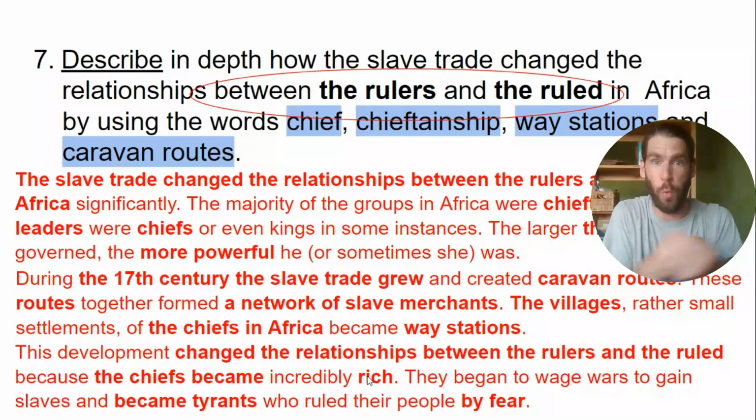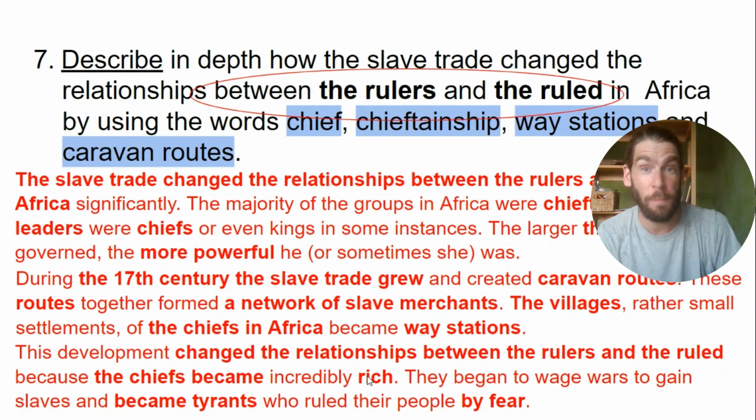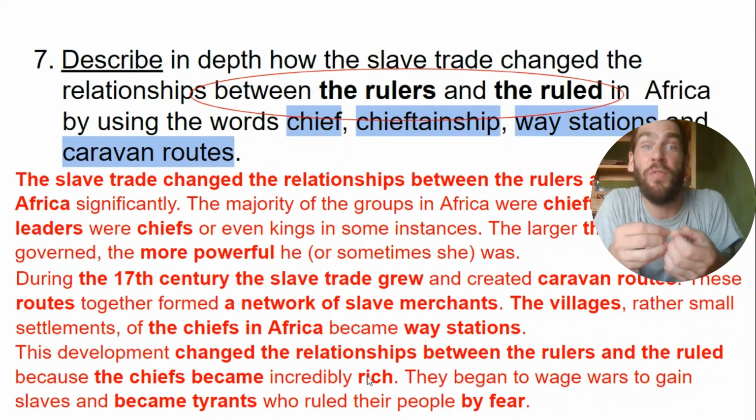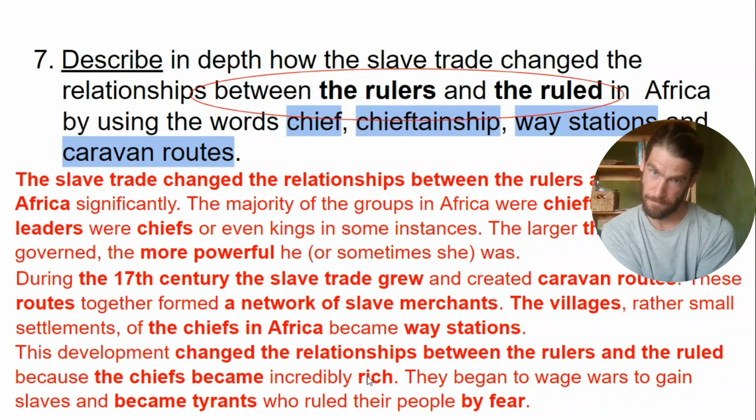They began to wage wars between each other to gain slaves and became tyrants who ruled their people by fear. So this isn't a positive change, actually. It isn't a positive change in the relationship between ruler and ruled. Of course, it didn't happen everywhere.